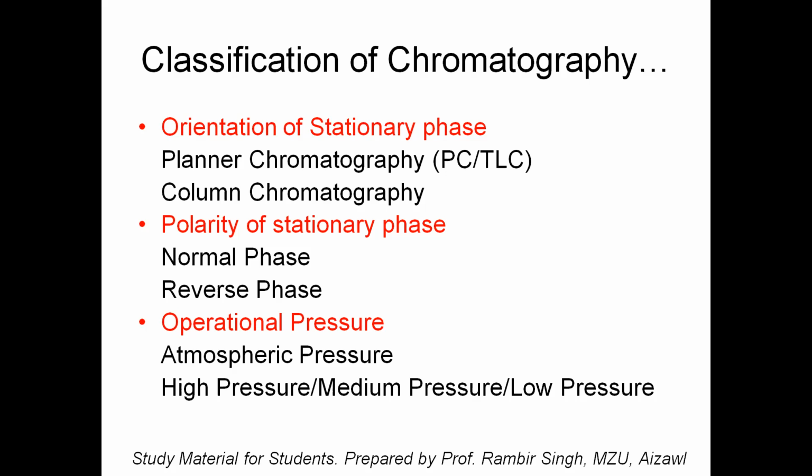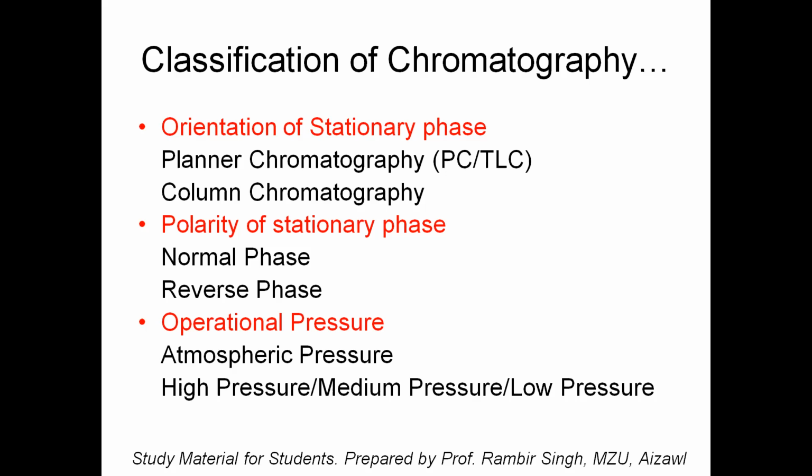But if you want to separate protein, then what problem will come? Although protein may be polar also, when you put water with protein, what will happen? Your water is more polar than protein. Why is it so? Because water has two bonds, and both are strong dipoles.